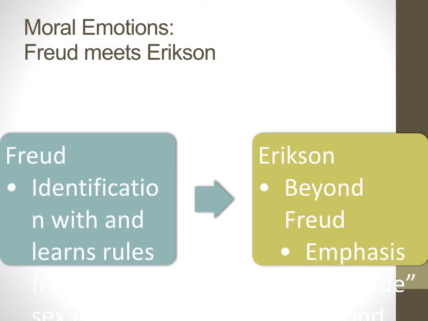A couple of other things, if we're still talking about moral emotions: what research studies have found is the quality of the parent-child relationship really contributes to development of moral emotions. There were a couple of studies that looked at children who grew up in an abused setting versus a non-abused setting. The children who were abused were more limited in their moral development.